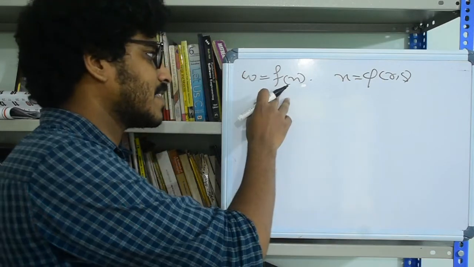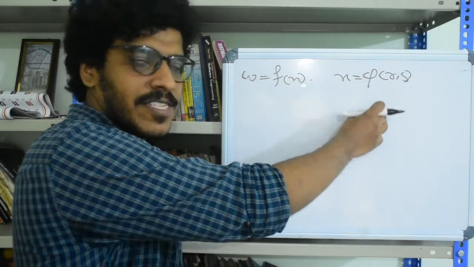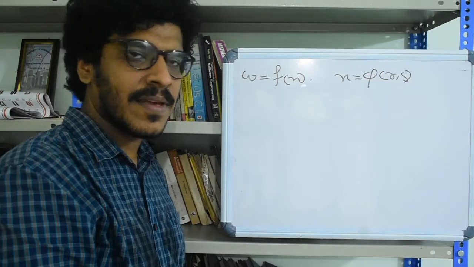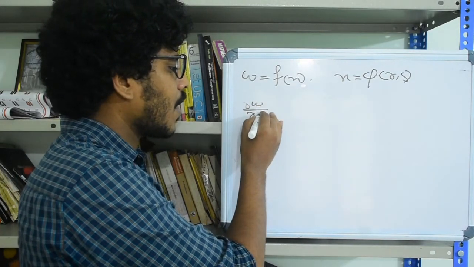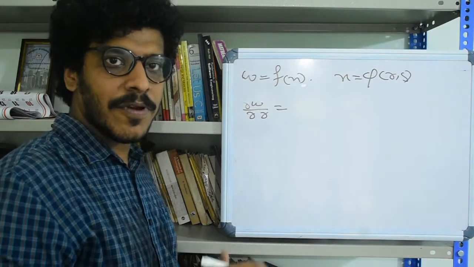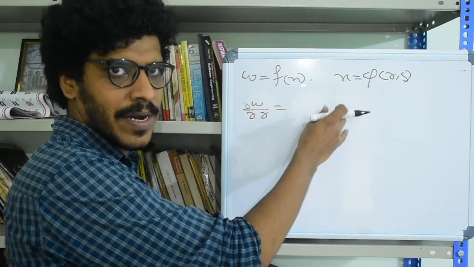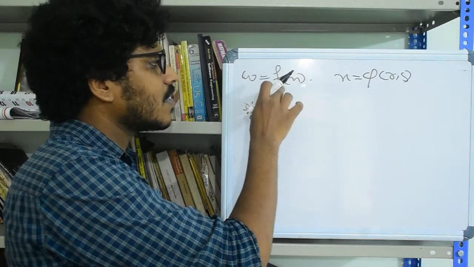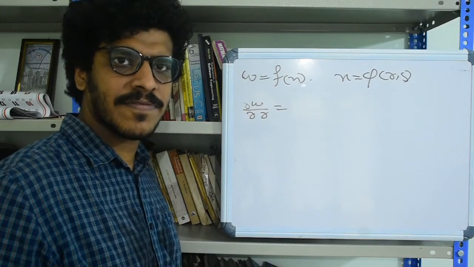Right, means f is a differentiable function of x, and phi is a differentiable function of r and s. If that is the case, then dou w by dou r is given as, try to reproduce the previous formula where we had dou w by dou x into dou x by dou r. But since f has only one variable, does it make any sense to define a partial derivative?